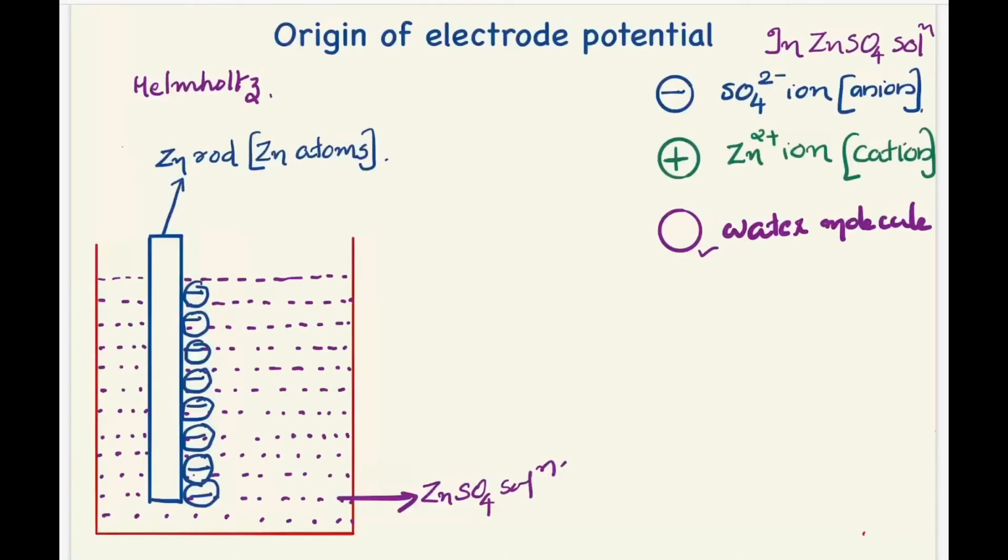Now you got a layer of negatively charged particles. You can see now a layer of negatively charged anions is created on the surface of the zinc rod, and we call that layer the inner Helmholtz layer.